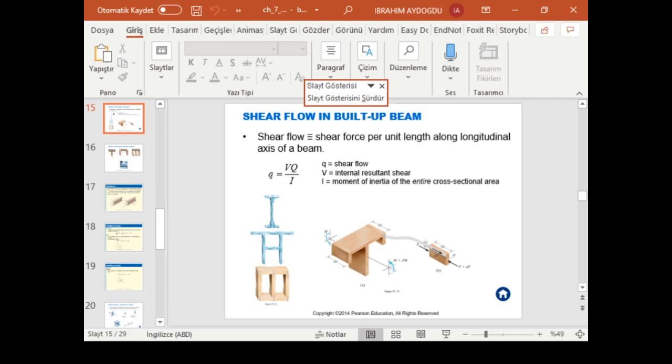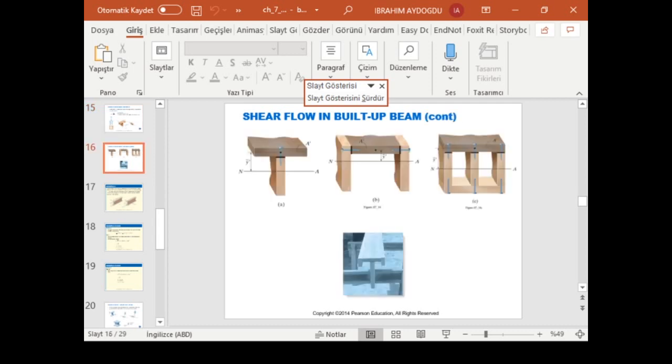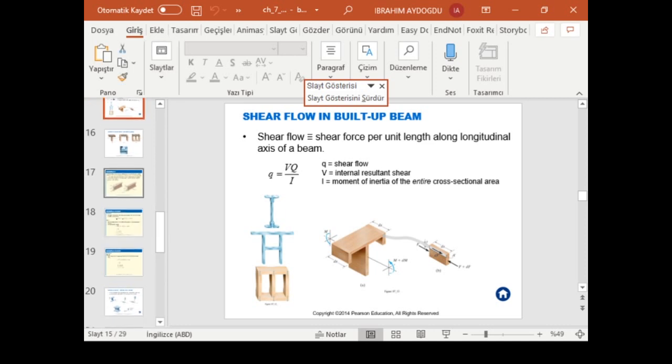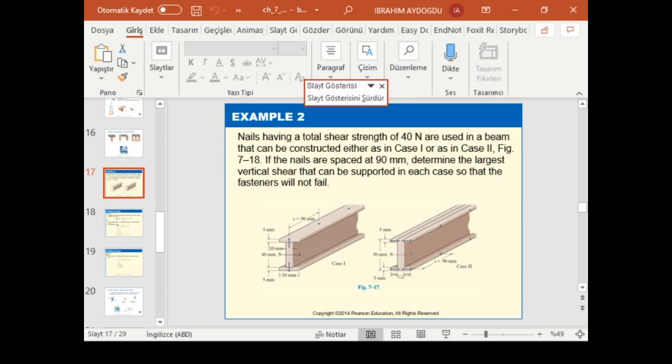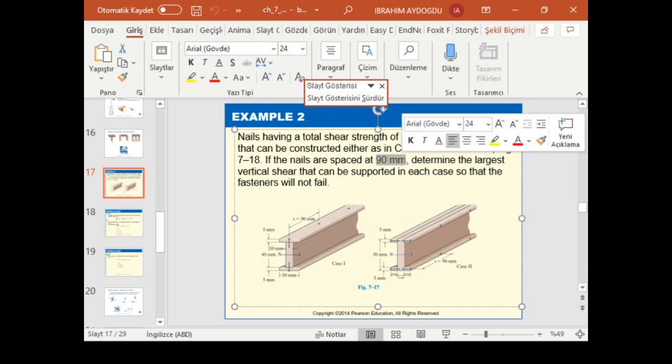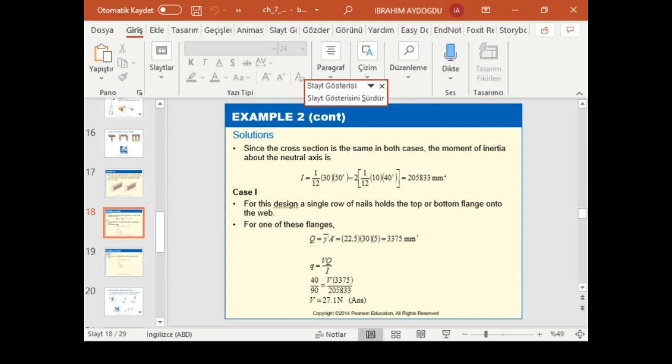We calculated Q. It's very similar to shear stress, only the thickness is not considered. Q should be smaller than 2V divided by S. So our formulation is like this. For example, if your nail strength is 40 Newton, if I divide it by the spacing, this is the Q that occurs, and it should be smaller than the Q requirement.